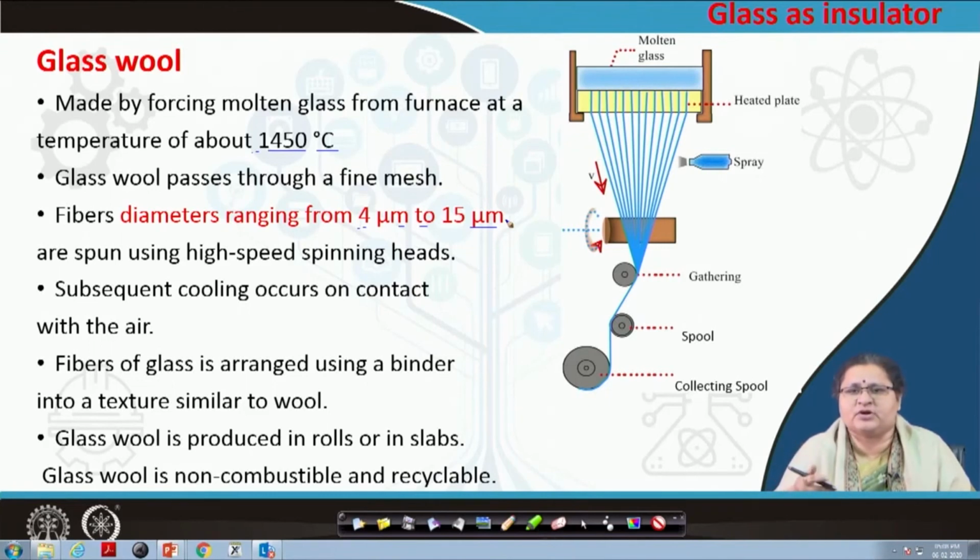So, the glass which was cast as plate now has been transformed to fibers or wool like. They become glass wool when they are arranged in a particular fashion, and you can produce in rolls or in slabs, which are also called bats. These are non-combustible and also recyclable like the other glass.